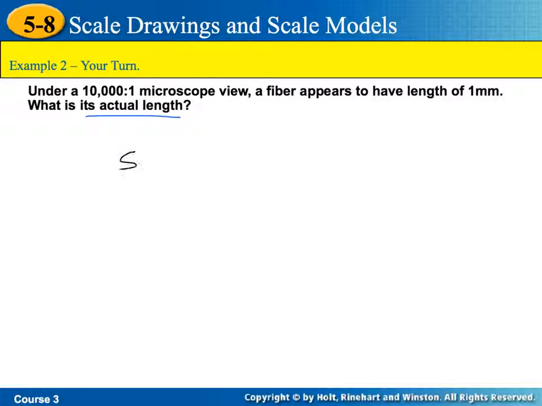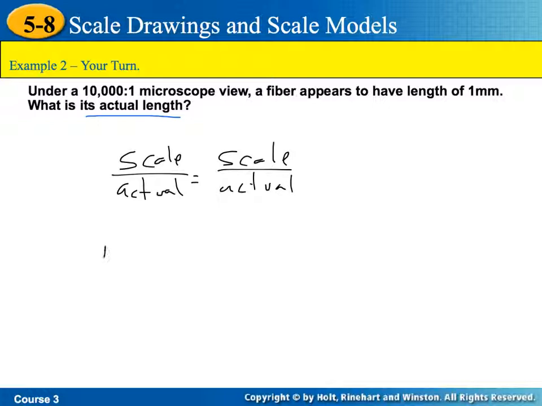So again, scale over actual equals scale over actual. The microscope allows us to see 10,000 times the normal view of one person, which is equal to 1 millimeter over x millimeters.